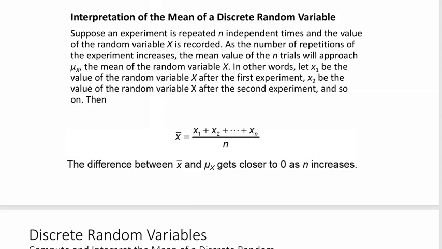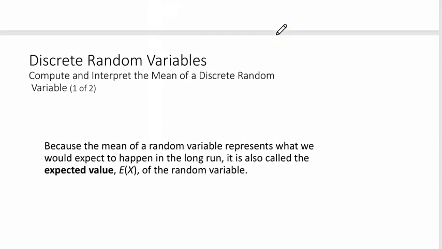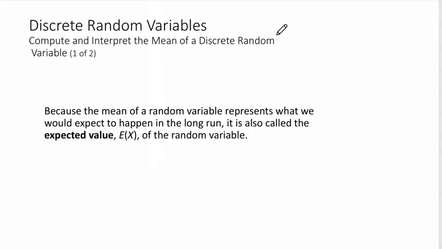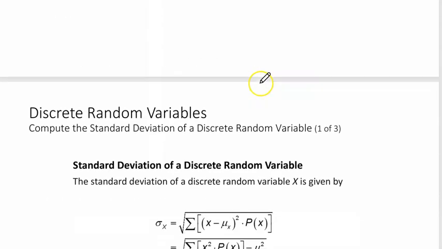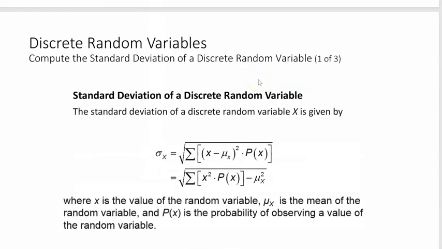The mean ends up being the value that we're approaching in the long run if we were to replicate the experiment over and over again. Another phrase you'll see associated with that mean is expected value. Expected value is really the same thing as finding the mean of a discrete random variable distribution, and it's found using the same formula.